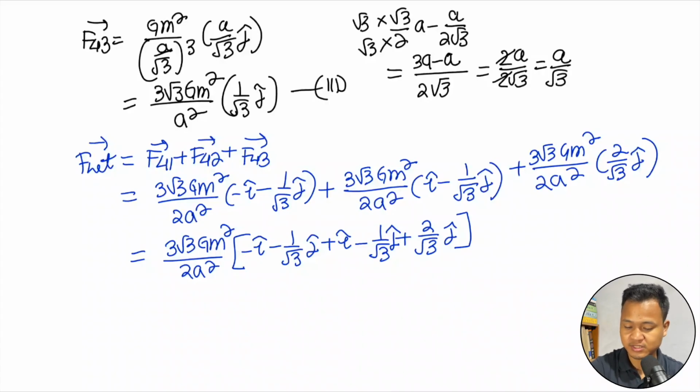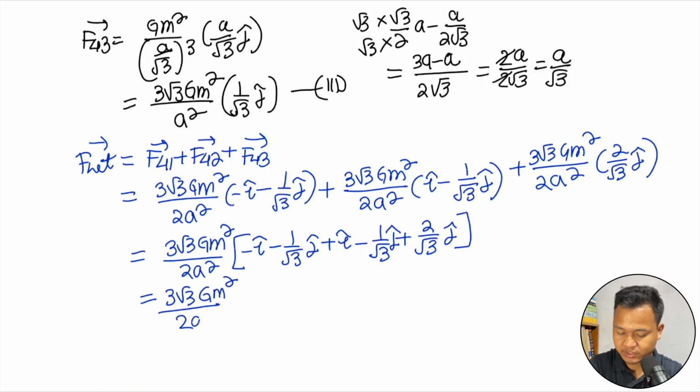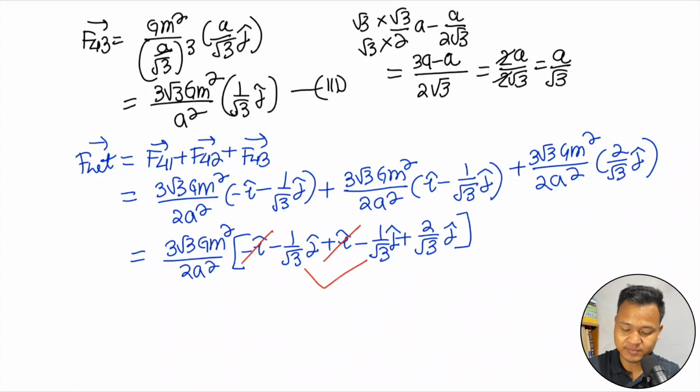So you solve this. Minus i and plus i cancel. So it's 3 root 3 Gm square divided by 2a square. Then 1 by root 3, minus 1 by root 3, minus 1 by root 3, so minus 2 by root 3.